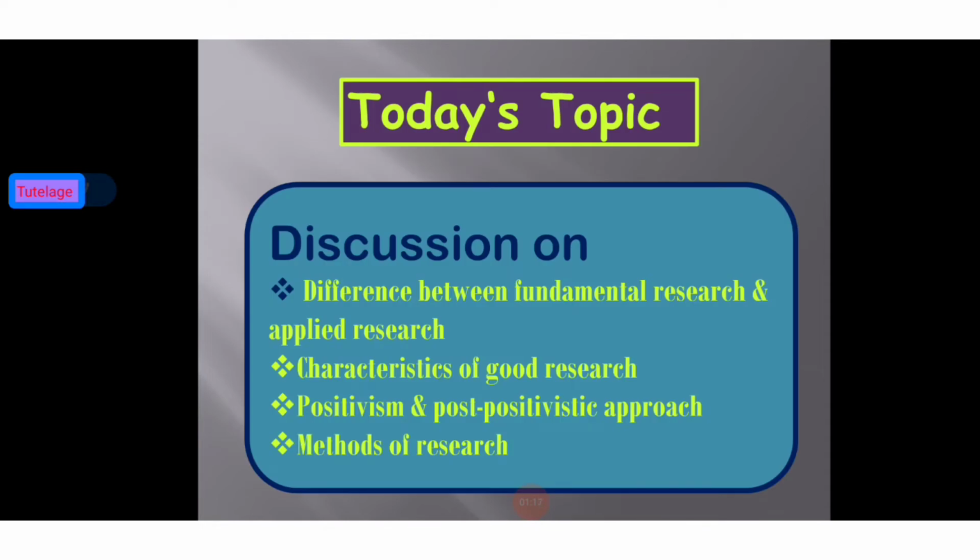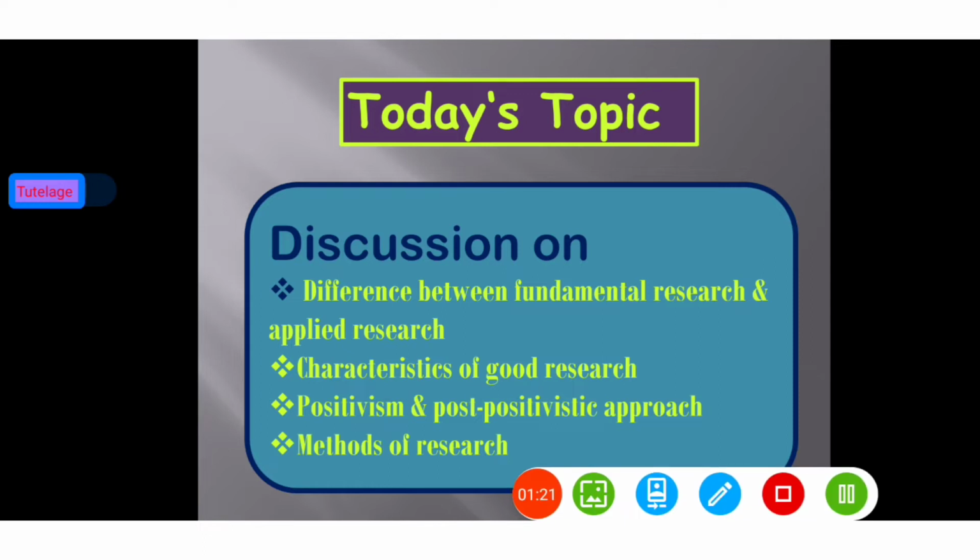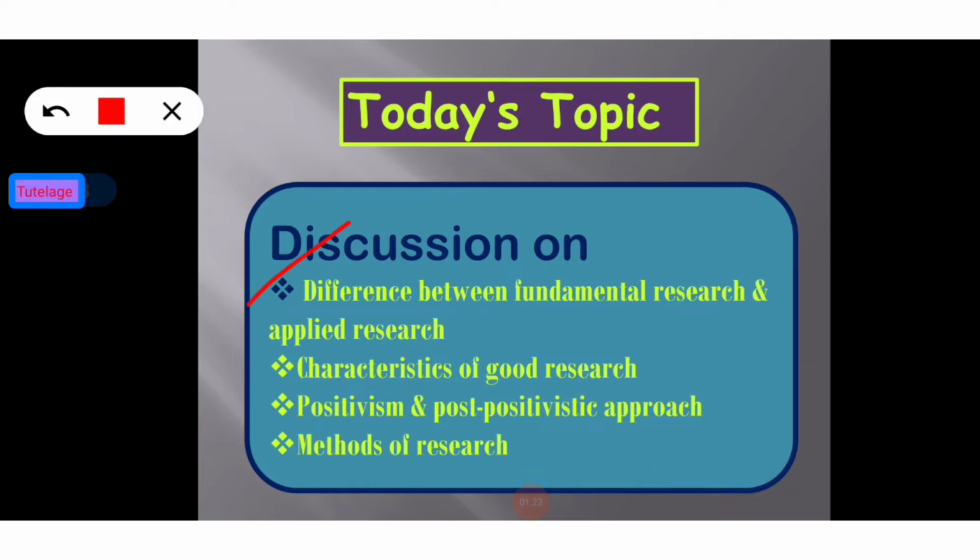Here we can see some subtopics which we will discuss today. First one is difference between fundamental research and applied research. Second one is characteristics of good research. Third one is one of the most important topics, that is positivism and post-positivism approach, and last one is methods of research. So learner, let's begin the session and move on to the main slide.